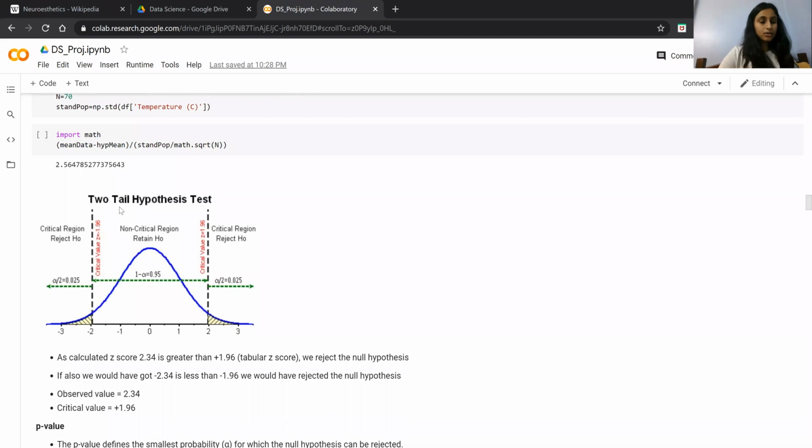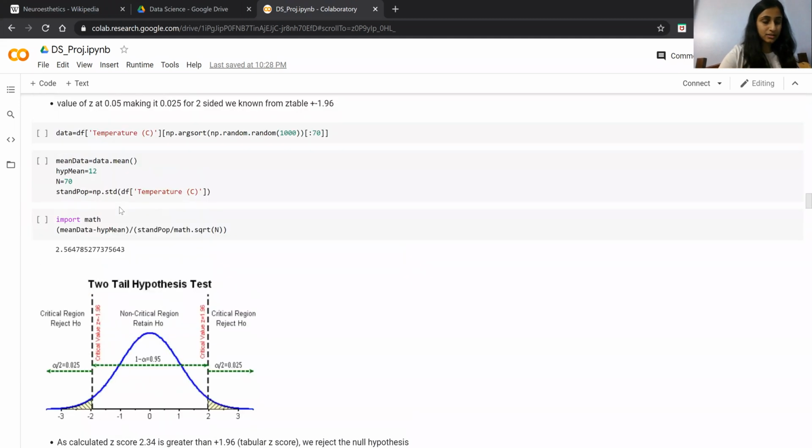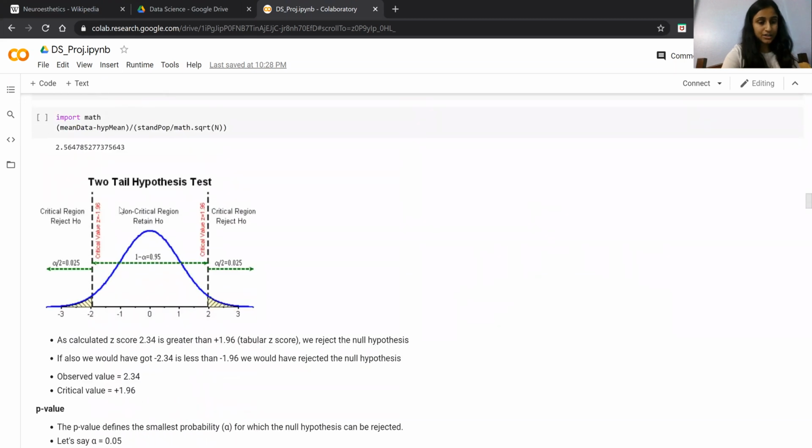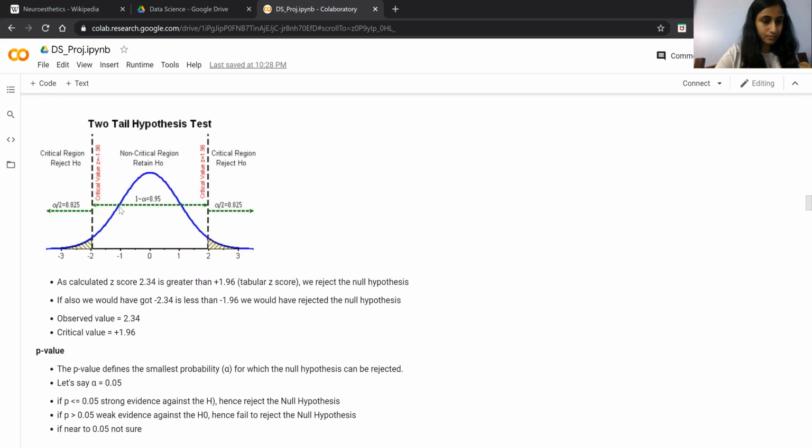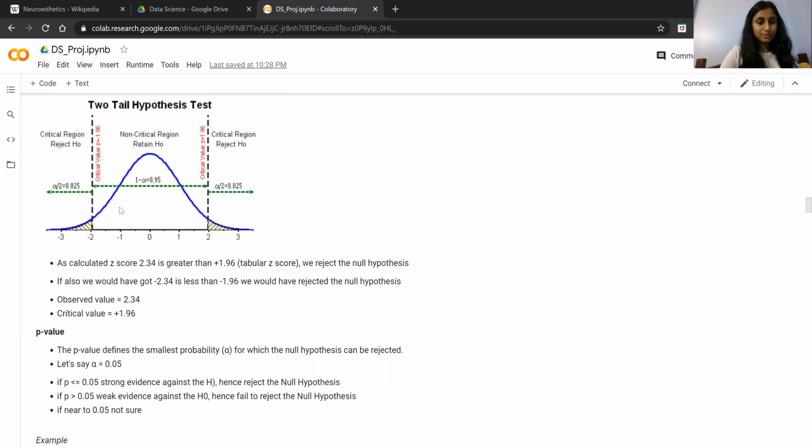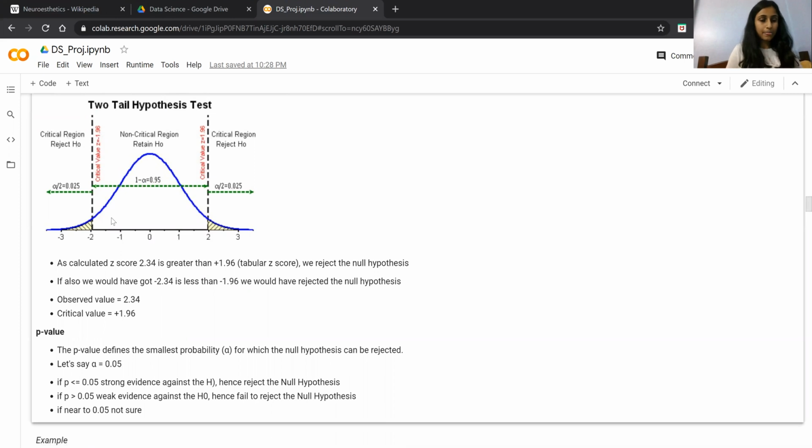So coming here, we've used the Z-test formula over here: sample mean minus population mean, divided by the population standard deviation divided by the square root of n. From this plot, where we've added comments for reference, the Z-score that is calculated is 2.34, and it is greater than the tabular Z-score of 1.96 on the right-hand side of the plot, so we reject the null hypothesis.